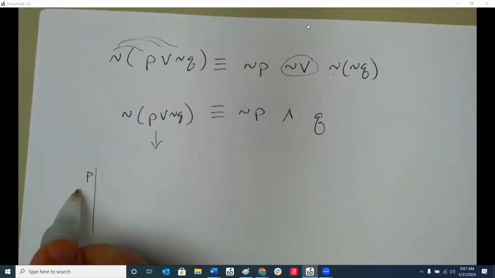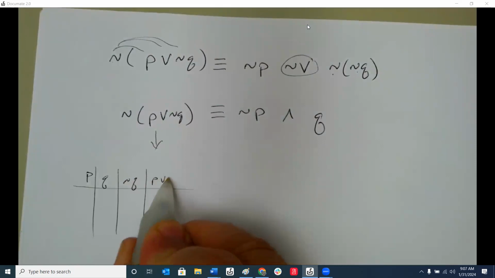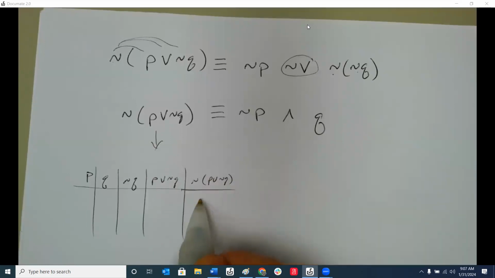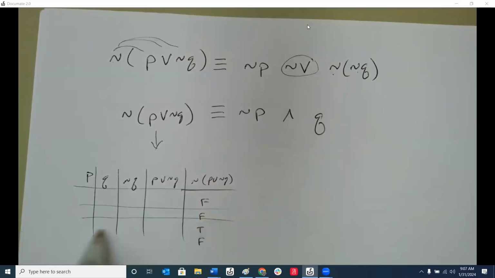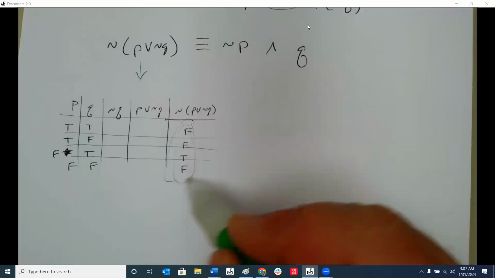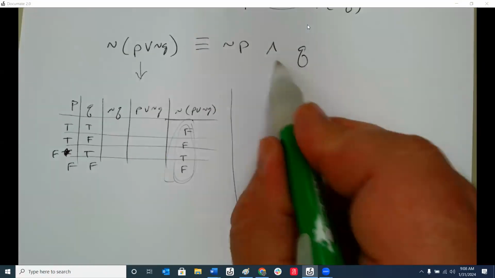This one was P, Q, not Q, P or not Q, the negation of P or not Q. All I care about is this last column here, F, F, T, F. Because if we compare whether they're equal, we only look at the last column. So that's this side. Let's build this one now.